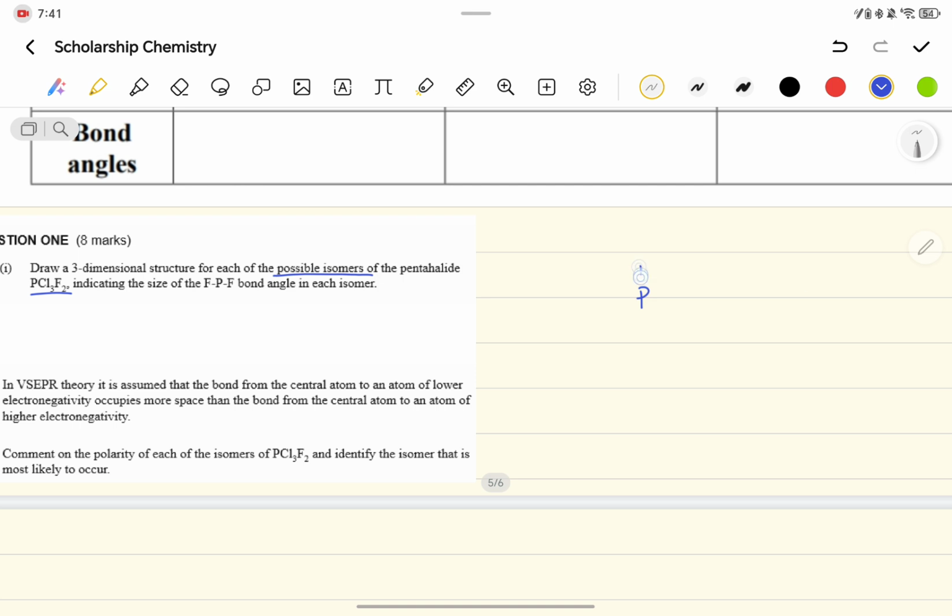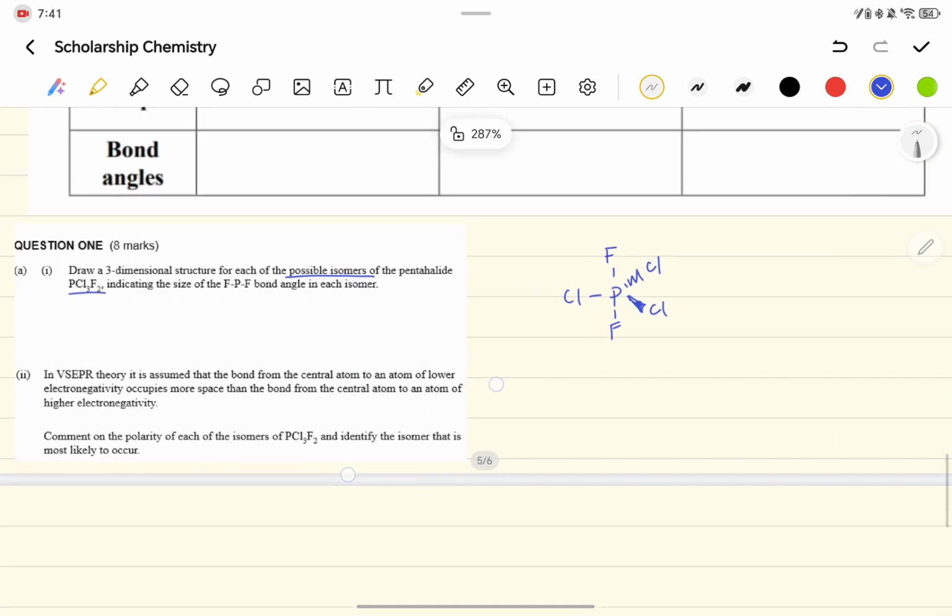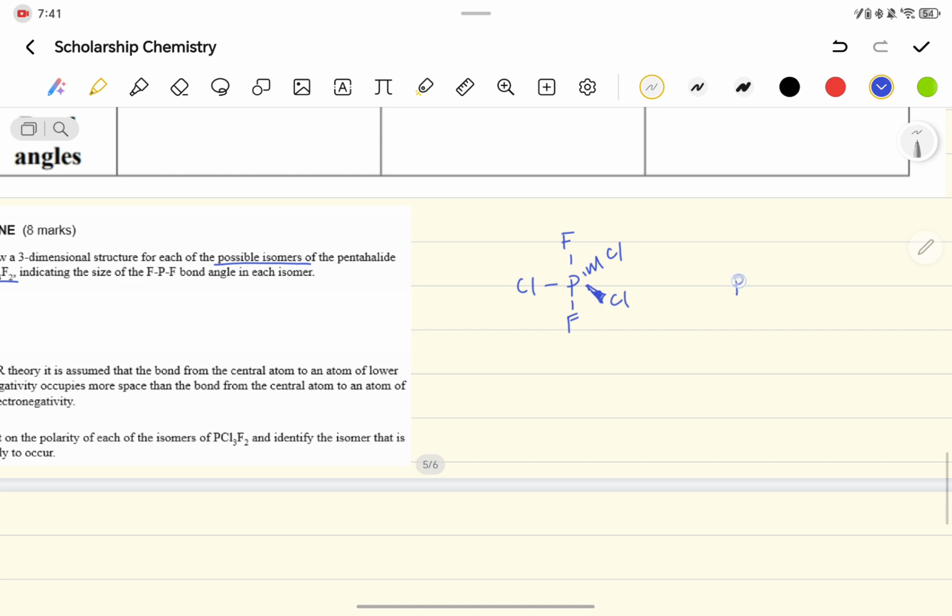First, we can say both the Fs occupy the axial positions, and the three chlorines occupy the equatorial positions. That's one way. The second way is only one F occupies the axial position, and the rest go around P at the equatorial positions.